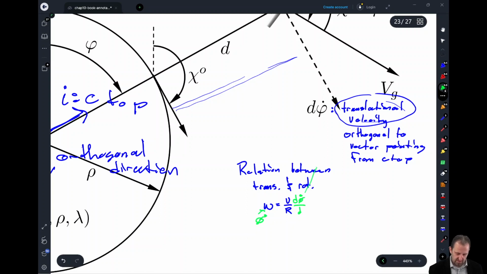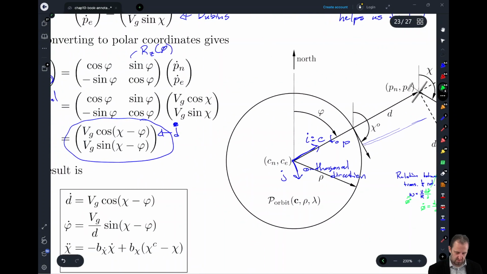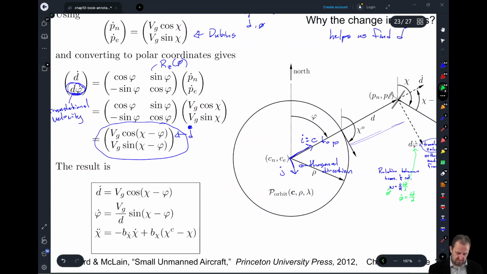So where d phi is that vector there, we have that phi dot is equal to our d phi dot divided by d, which is exactly this equation right here. So it's Vg, our velocity tangential to the circle, divided by d.